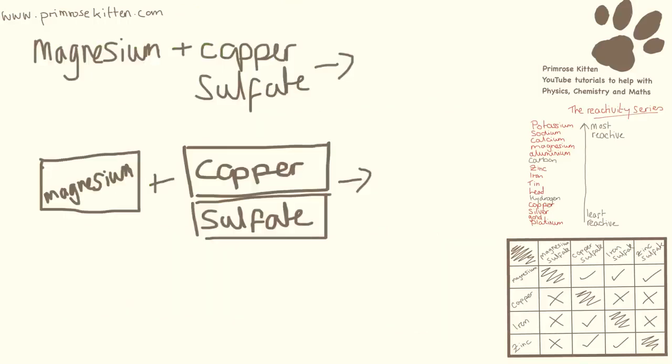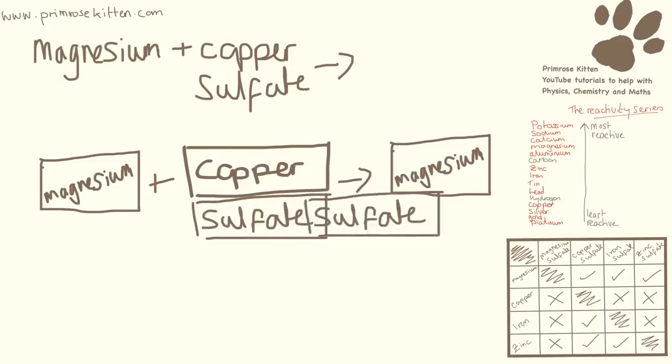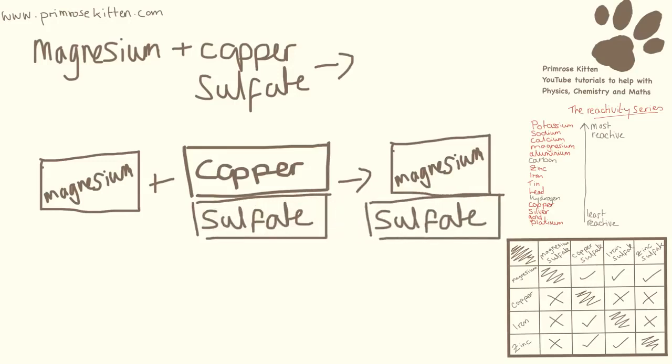One of these situations where we did get a reaction is when we have magnesium and copper sulfate here. Now, the reaction that's actually going on is the magnesium is more reactive than the copper, so it's taking the sulfate away from it. Now, I've drawn it here as some blocks for you to help you visualise what's going on. The magnesium is then going to end up with the sulfate, which is going to leave the copper on its own.